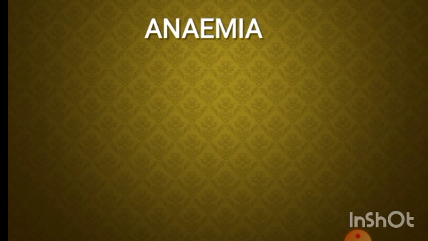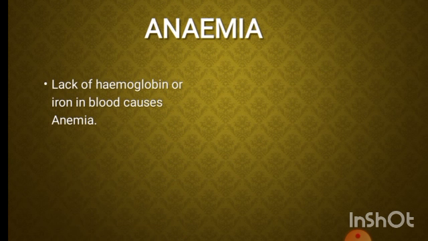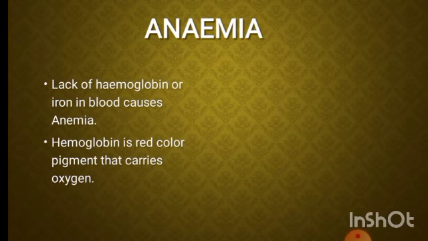The second disease that we are going to discuss in this chapter is anemia. Anemia is basically a disease that is caused due to lack of hemoglobin or iron in blood. You must be thinking that what is hemoglobin? Hemoglobin is red color pigment that carries oxygen to our whole body.